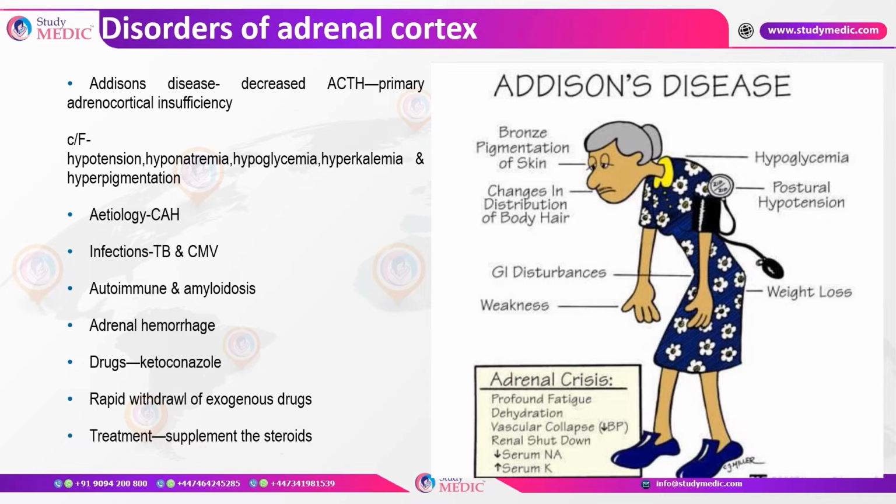And remember, sodium and potassium are both positively charged ions. Whenever there is deficiency of sodium, to compensate for this, the other positively charged ion, potassium, is retained by the body. So in Addison's, there is less sodium and more potassium, leading to hyponatremia and hyperkalemia.